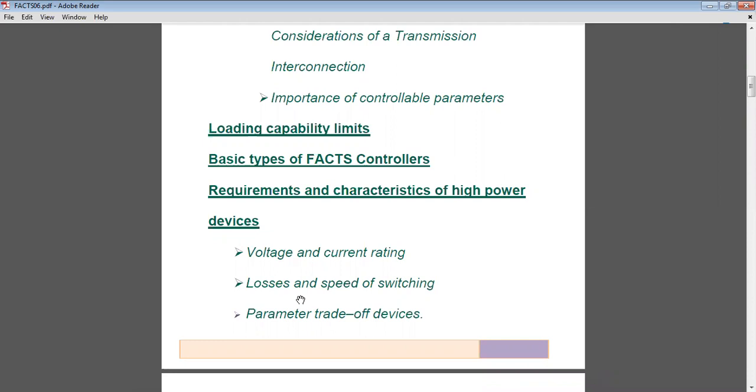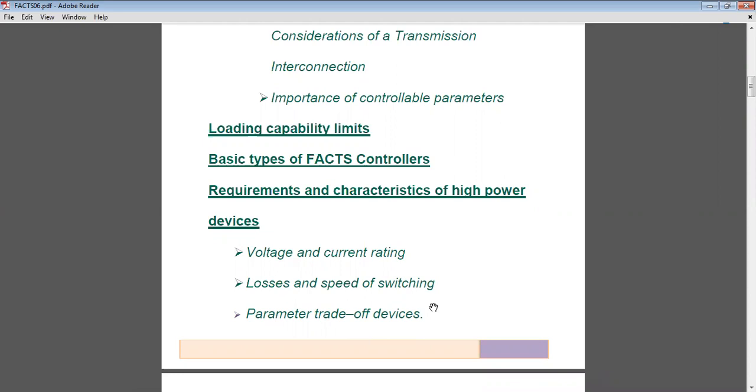Day by day new devices are proposed because this is an advanced technology. In addition to the thyristor, a number of electronic and photonic devices are developed and used in place of thyristors for their advantages.